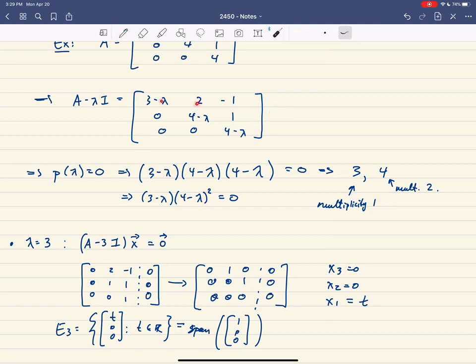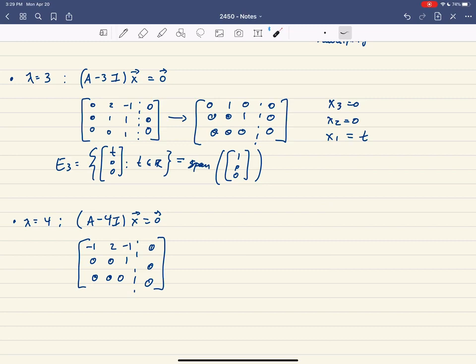When you simplify this with some row operations, you'll eventually end up with 0, 0, 1, which cancels off that term. Now you have negative 1, 2, and I'm just going to switch the sign, so this will be 1, negative 2, 0, and then a row of zeros.